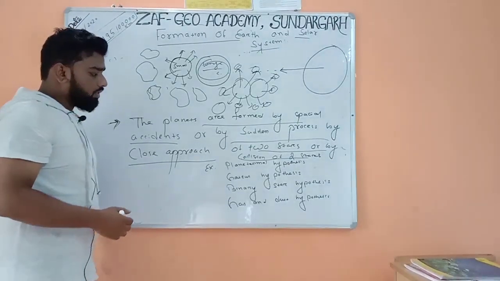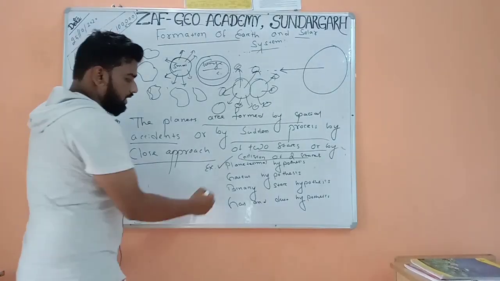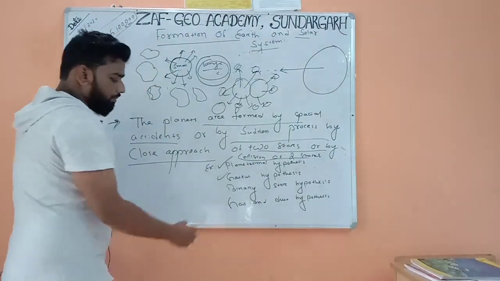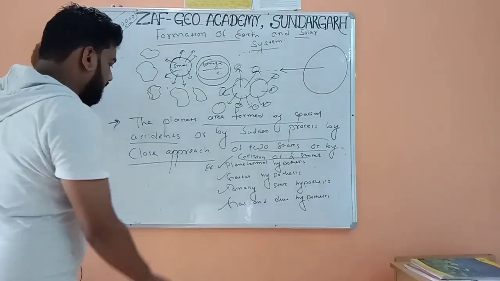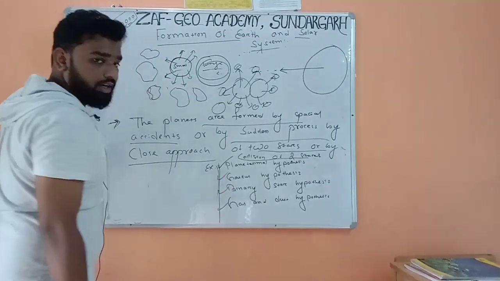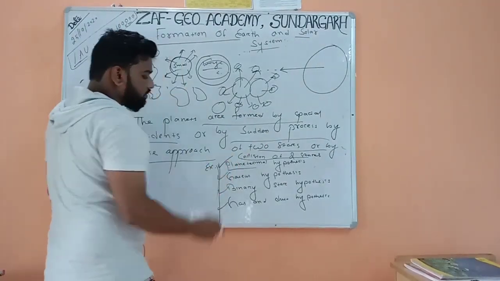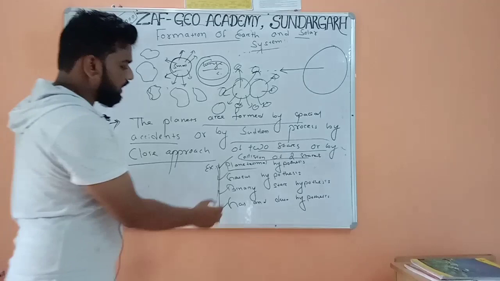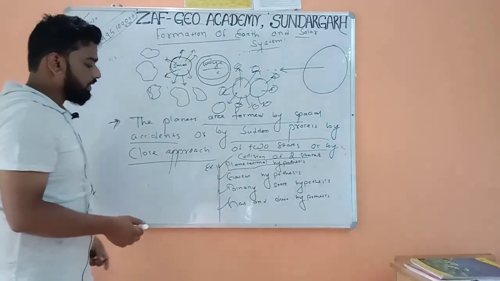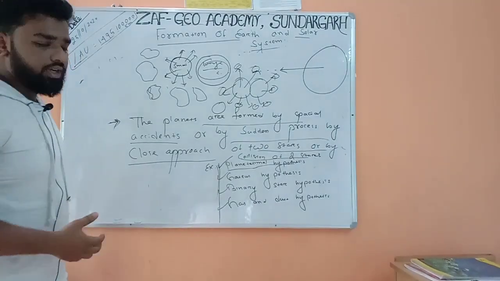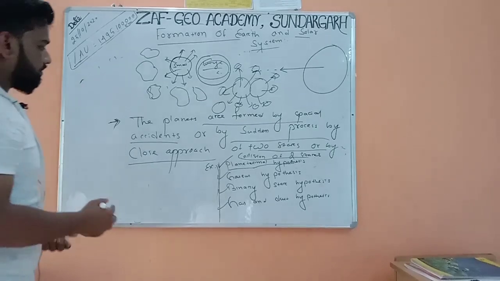Examples of catastrophic theories are the planetesimal hypothesis, gaseous hypothesis, binary star hypothesis, and gas and dust hypothesis. All these hypotheses have their own merits and demerits. All have some plus points which explain the origin of Earth and the solar system, and all have negative points which can't explain some things.